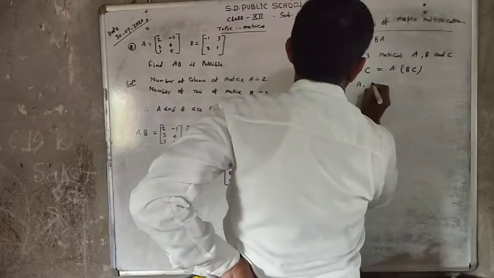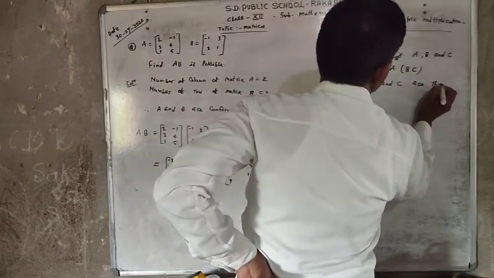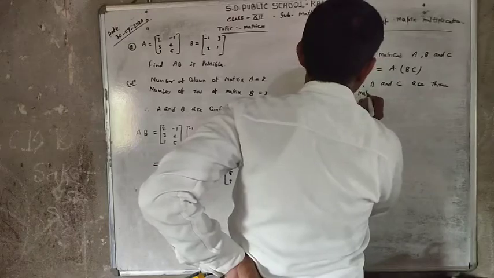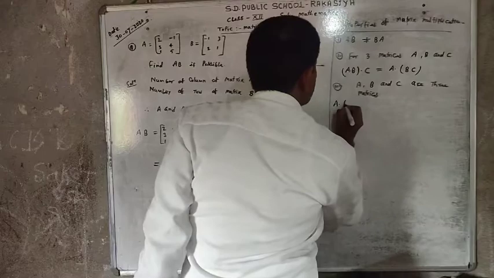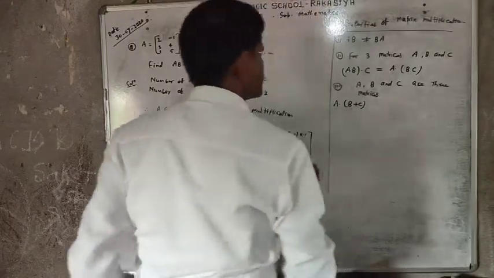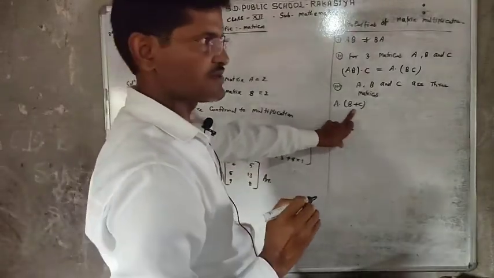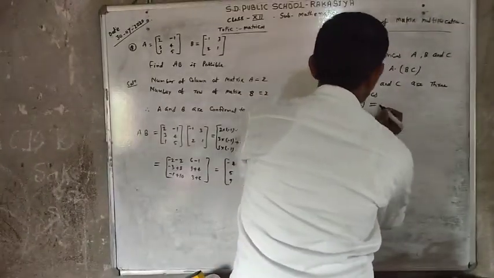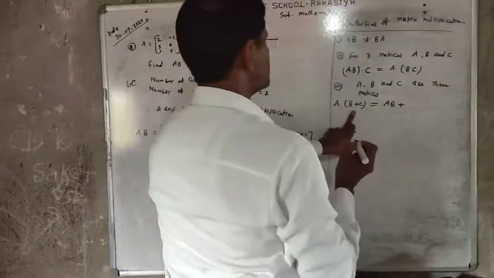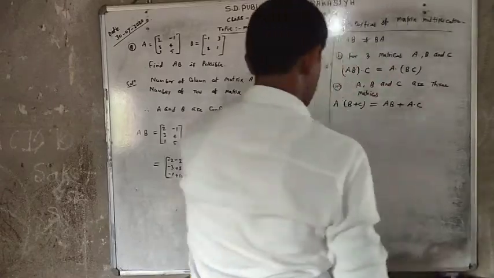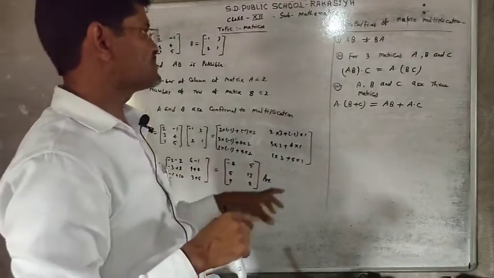If A, B, and C are three matrices, and A is conformable to multiplication with the sum of two matrices B and C, then A into (B plus C) equals matrix A into B plus matrix A into C. Means matrix multiplication is distributive.